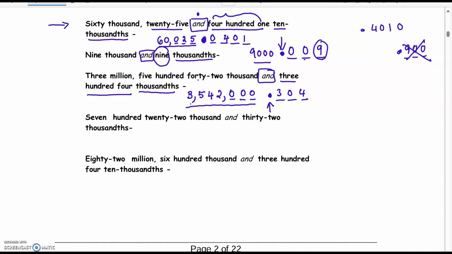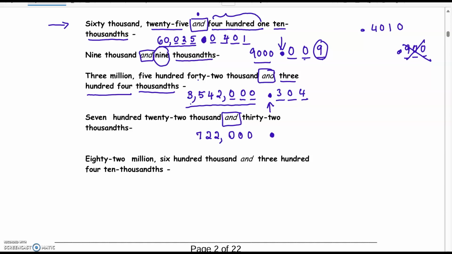Okay, let's look at the next one. We have the word and, which tells us that there is a whole number on the left and a decimal portion on the right. 722,000. So read it back to yourself.